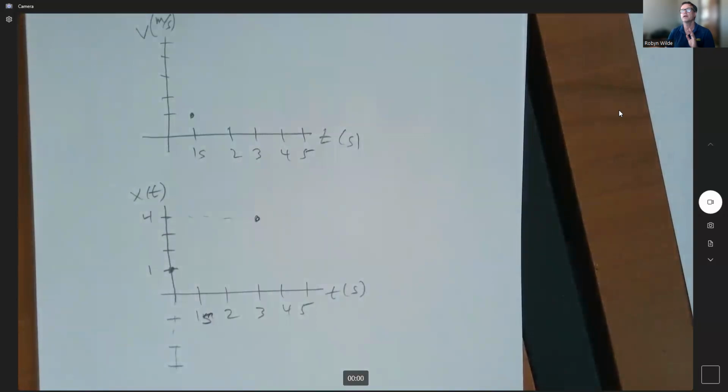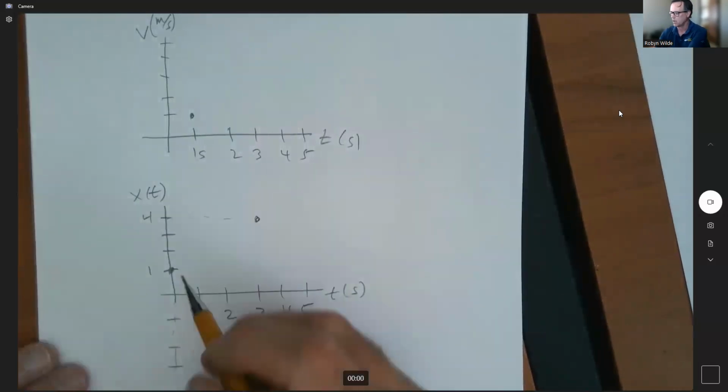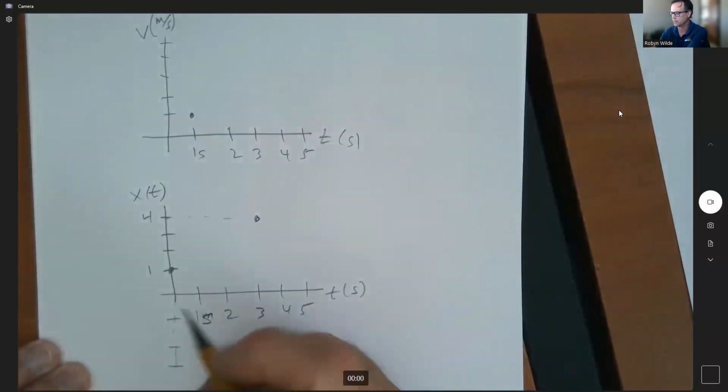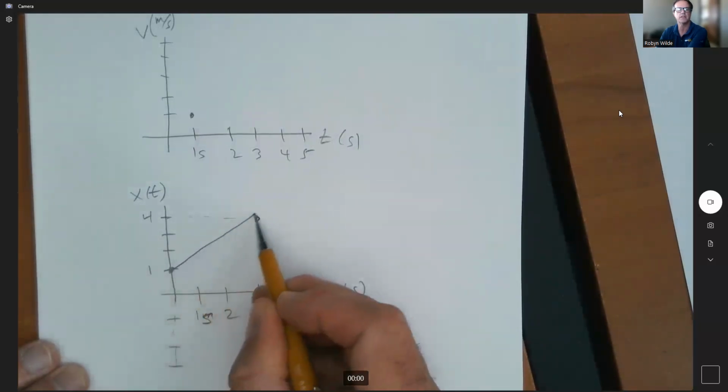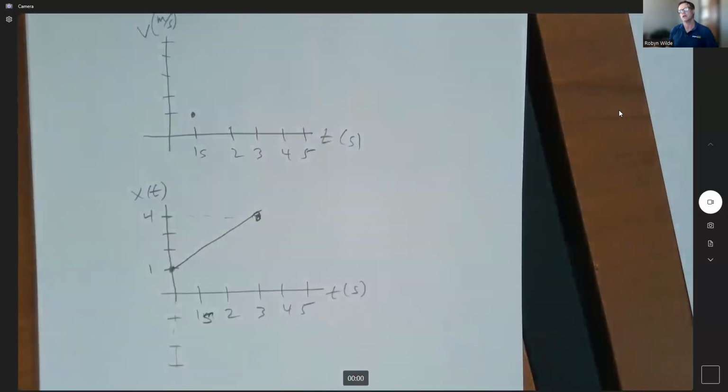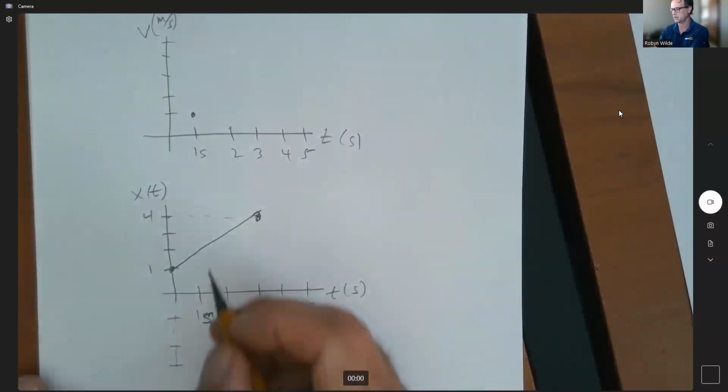Again, there are many different ways that I could go between those 2 points. I could go at a constant speed. If I'm going at a constant speed, it's going to be a straight line, because I'm covering the same distance for every second, right?